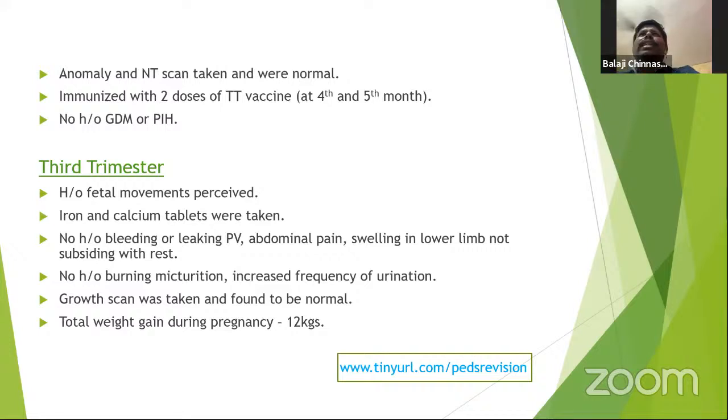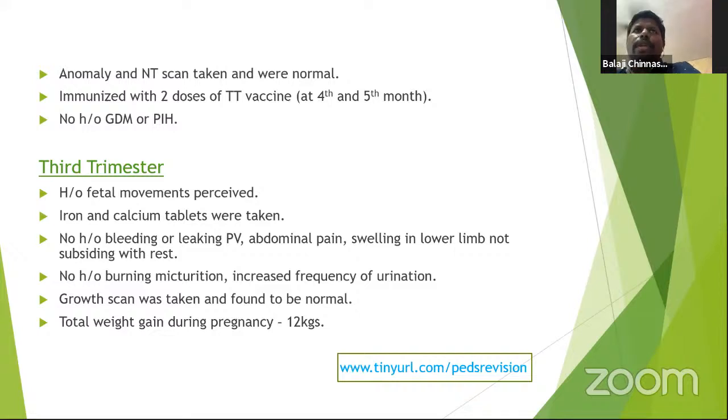Okay, so second trimester, what are you concerned about? Sir, I'm taking the anomaly scan in order to rule out any congenital anomaly present in the baby. That's usually around 20 weeks. Okay. And I'm also assessing whether the mother is able to feel the first fetal movement. That is quickening.